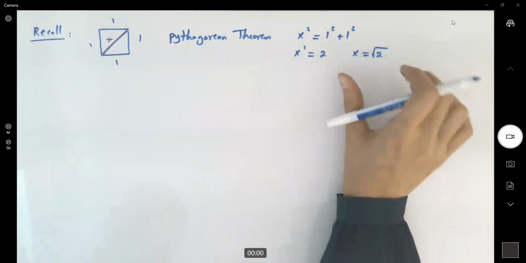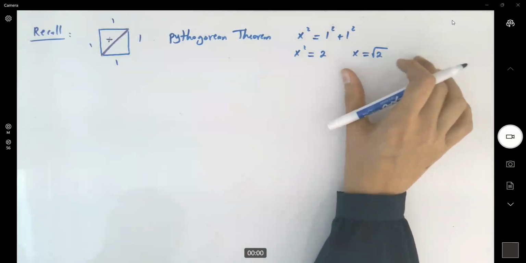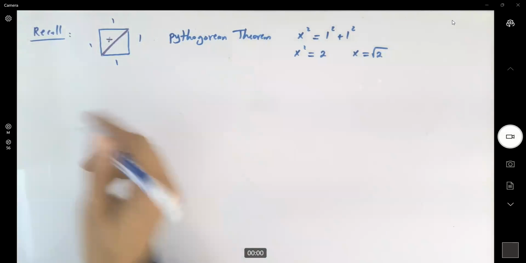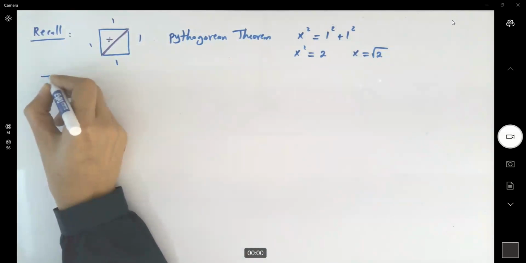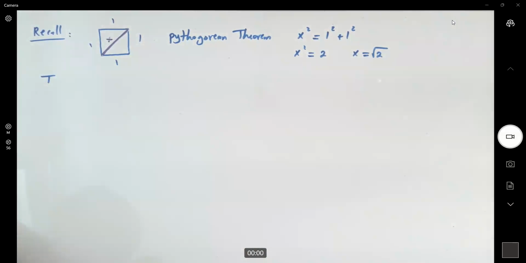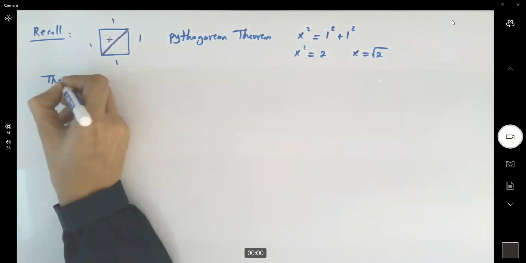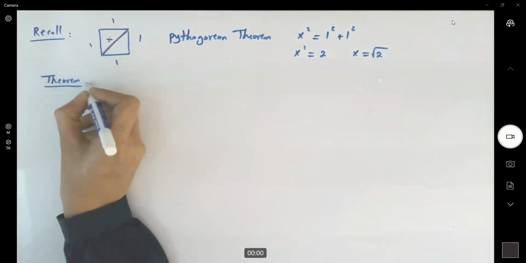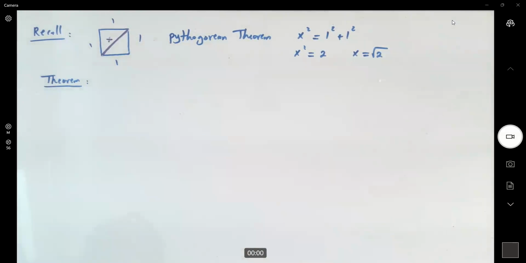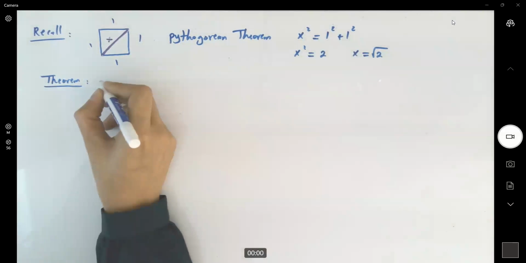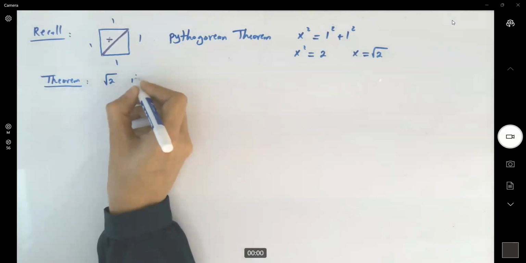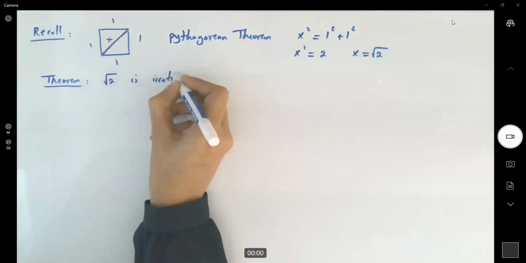Okay, this is our attempt to show that square root of 2 is irrational. Our theorem, which is one of the classical problems to prove, is square root of 2 is irrational.